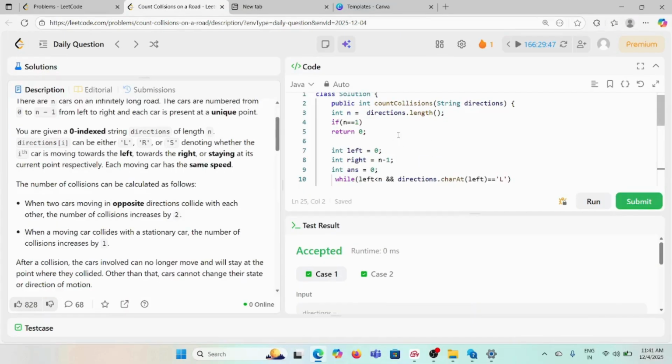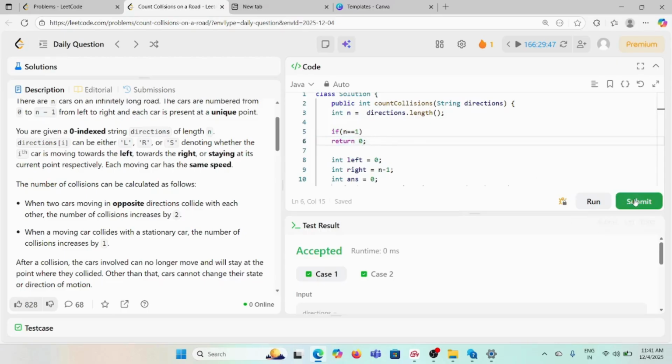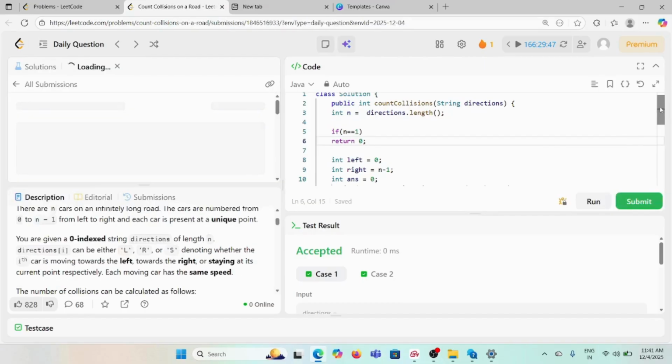So we are missing one thing: in case there is only one character in directions, like n equal to 1, in that case we directly return 0, because it doesn't matter if it is going left or right, it will never collide with anybody. So I have written that here. Let me submit it now and see what happens.